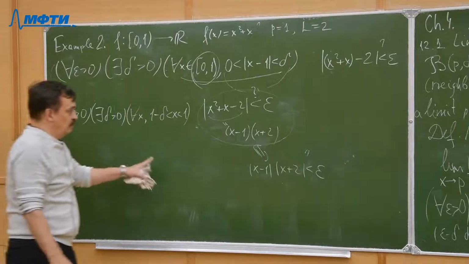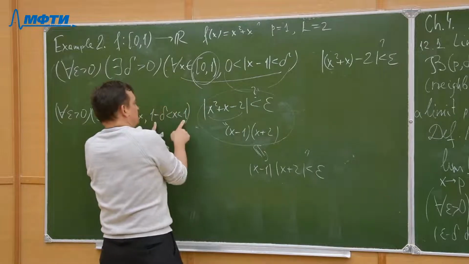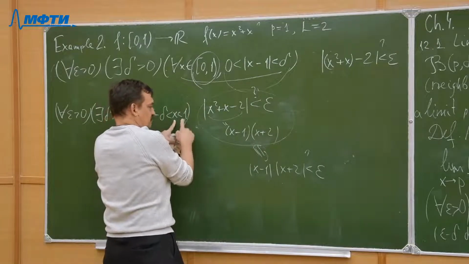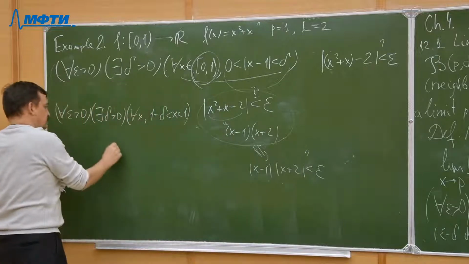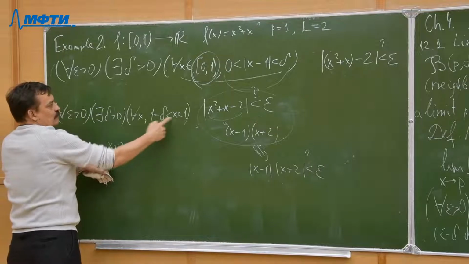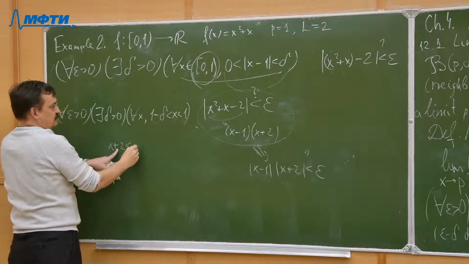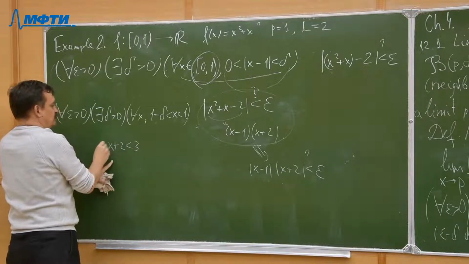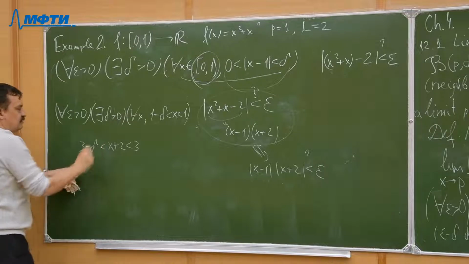Now, x minus 1 we know is less than delta. And what about x plus 2? Look at x plus 2. Under those suppositions, we have less than 3 and greater than 3 minus delta.